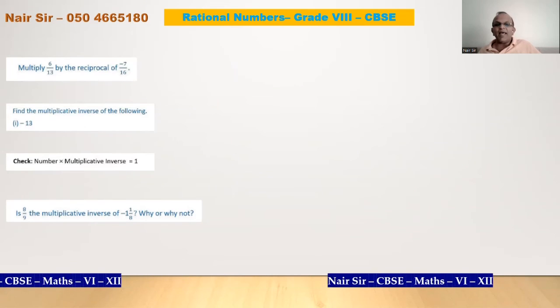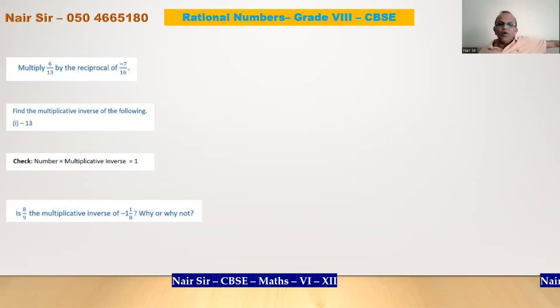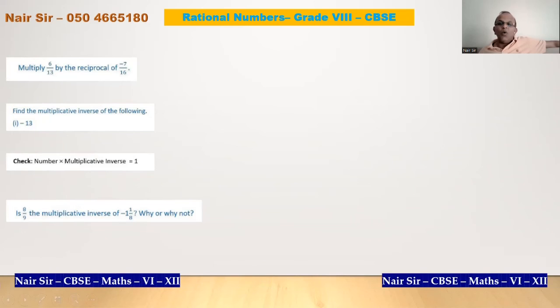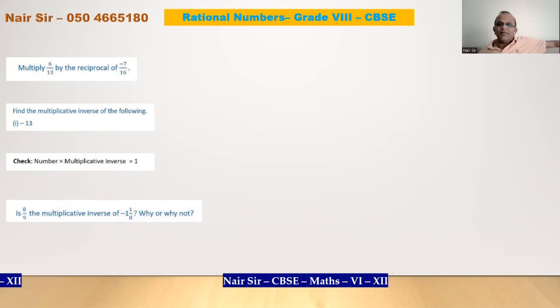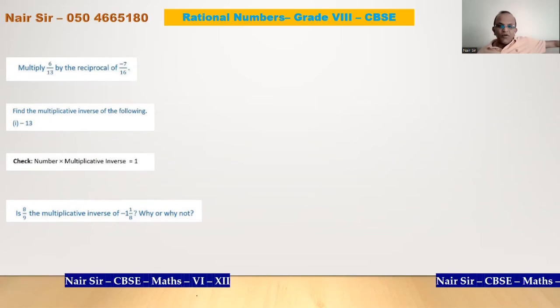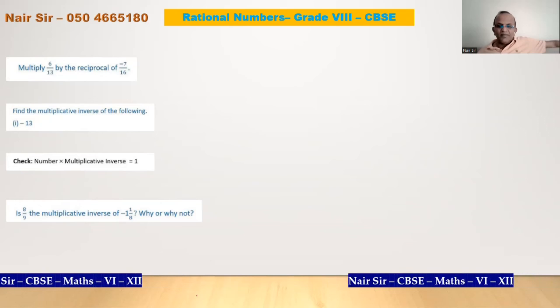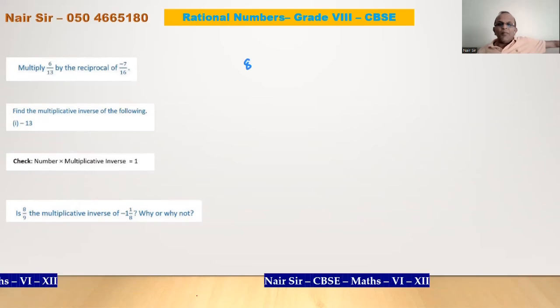Is 8 by 9 the multiplicative inverse of minus 1 whole 1 upon 8? Interesting question. Is 8 upon 9 the multiplicative inverse of minus 1 upon 8? Now let me just write this number.